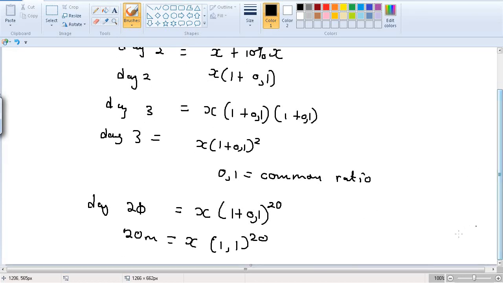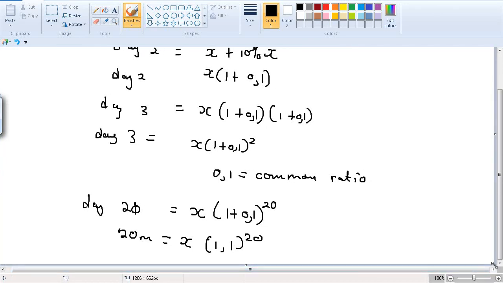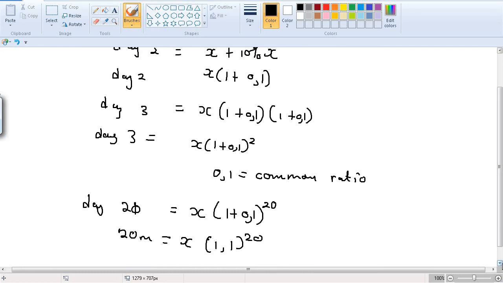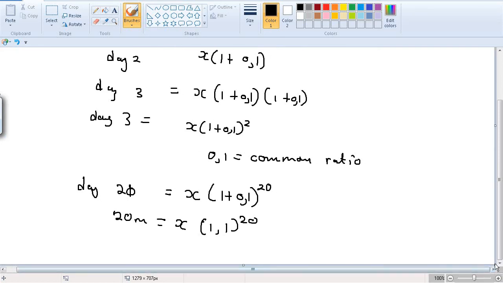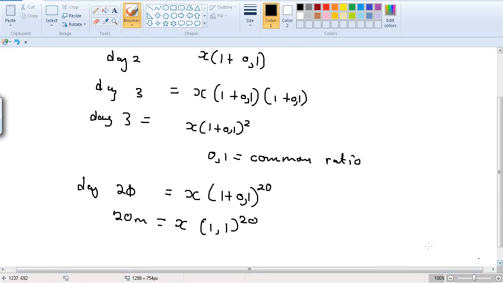Therefore, for us to know the distance covered on the first day, which is our x in this case, we divide both sides by 1.1 to the power 20.